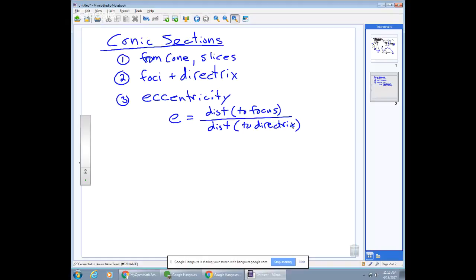So for classification of eccentricity, I mentioned this the other day. Oh wait, that denominator's not right. What should that be?